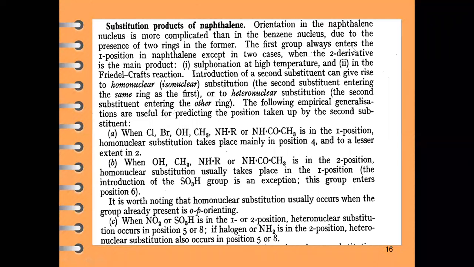The first group always enters the first position in naphthalene except in two cases. Generally, whatever the substituent group is, it will react with the first position, the first carbon atom of naphthalene. But except in two cases.